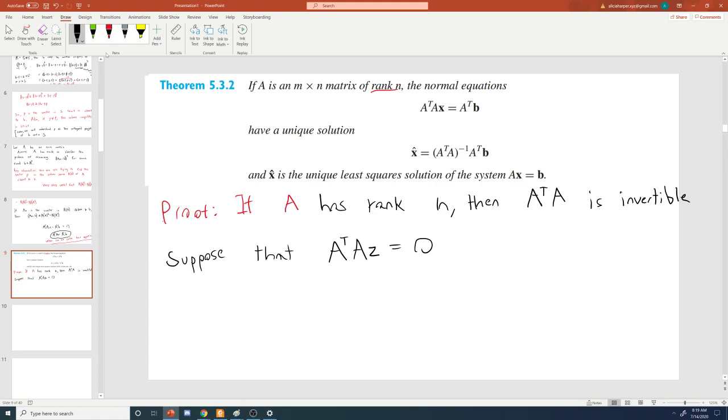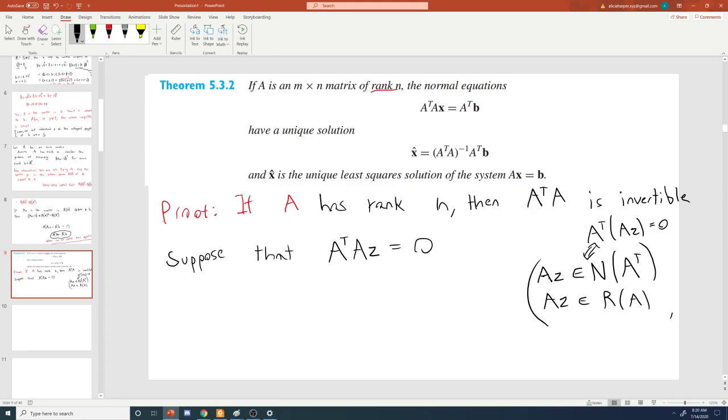Then A times z lives inside the null space of A transpose, but it also lives inside the column space of A. And the reason the first statement is true is simply because we have A transpose applied to Az is equal to 0. And so that is equivalent to that.